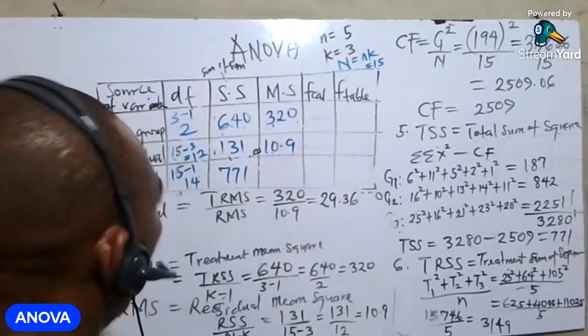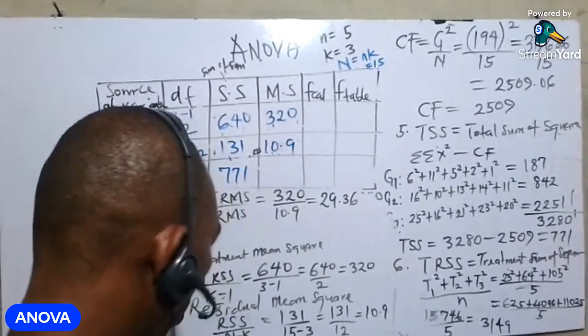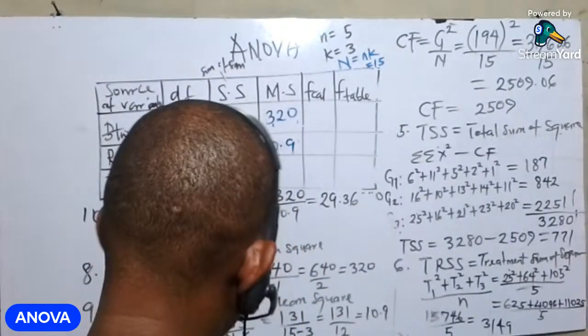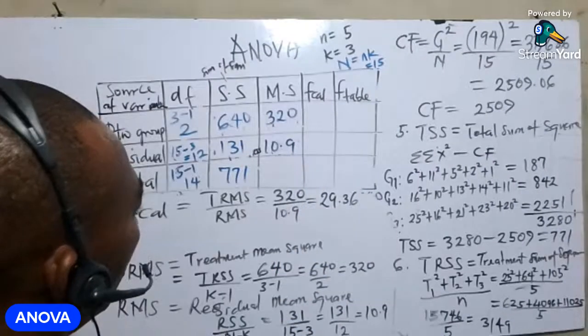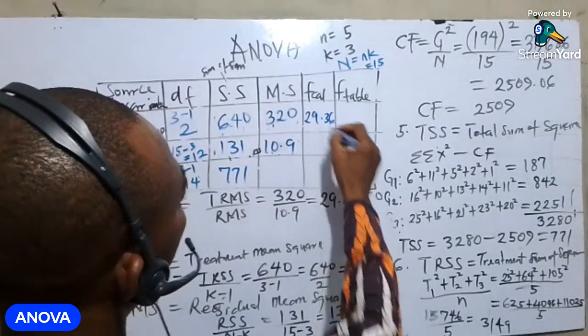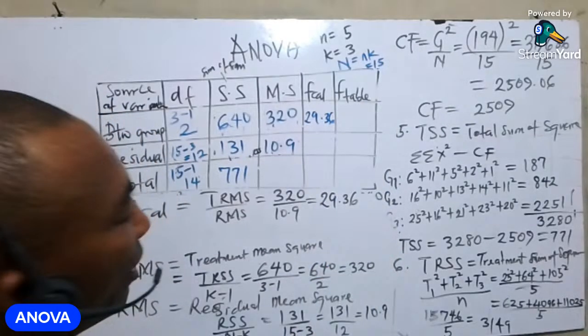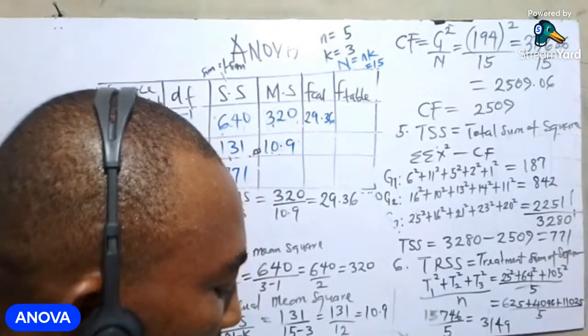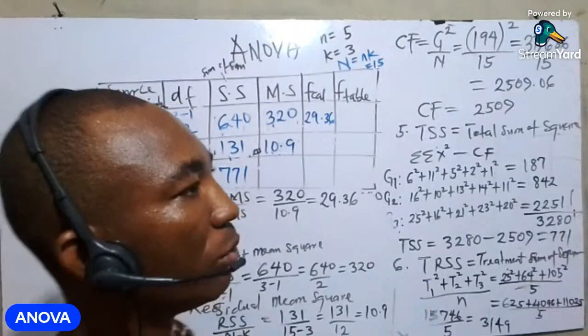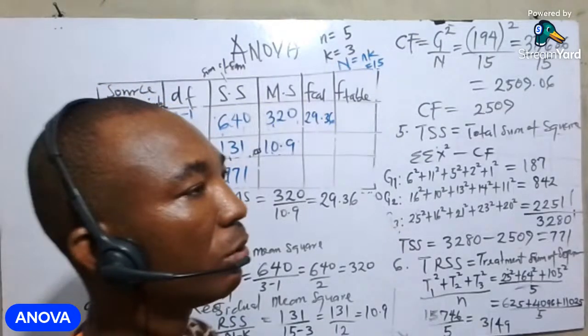And that will give us 29.36. So your F calculated now is 29.36. So of course, how do you get your F table? You go to your table.